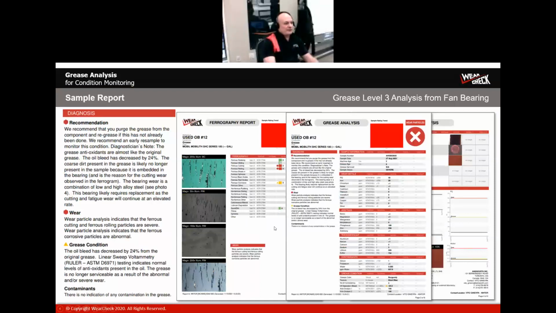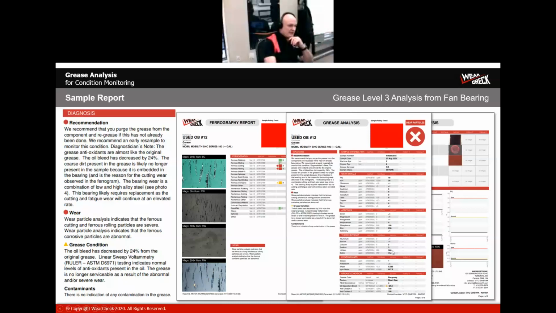And just to sum up, in terms of grease analysis, again, you're going to get a sample report, not unlike used oil analysis, obviously, where we look at the standard ppm wear metal levels. We look at the different additive metals that are present, thickener and soap metals, so we can determine if it's matching the baseline of that grease or whether it looks like it's been contaminated with a different grease.